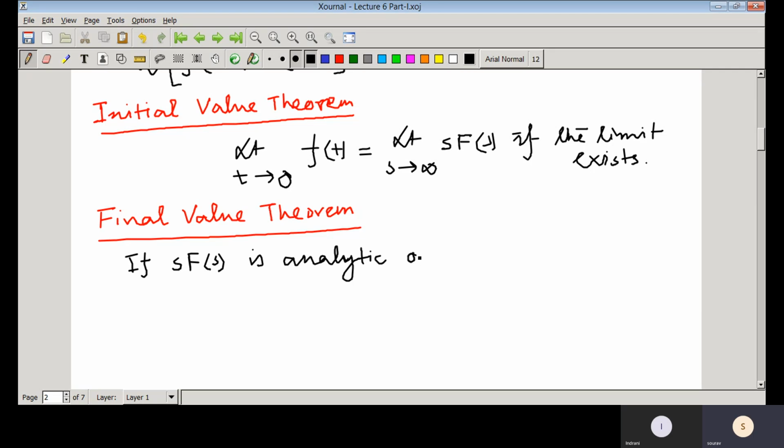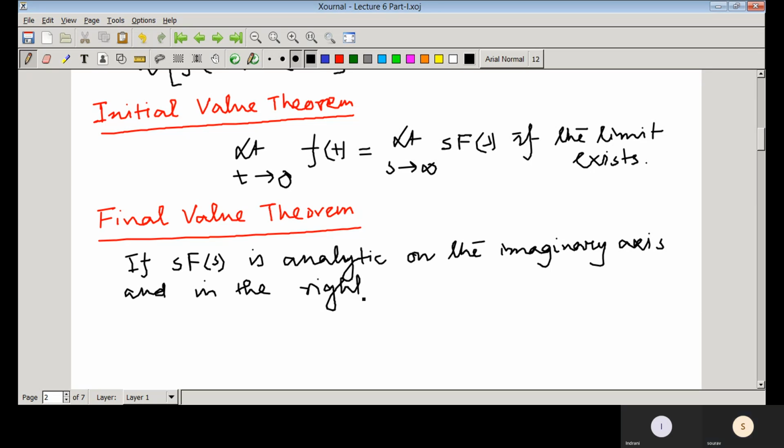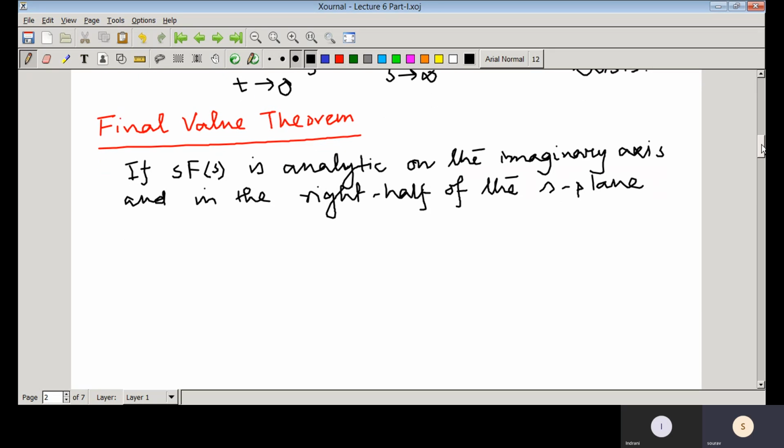If sF(s) is analytic on the imaginary axis and in the right half of the S-plane, then you can apply the final value theorem.